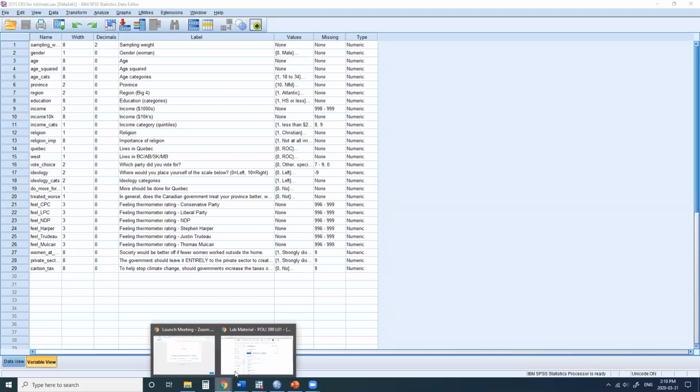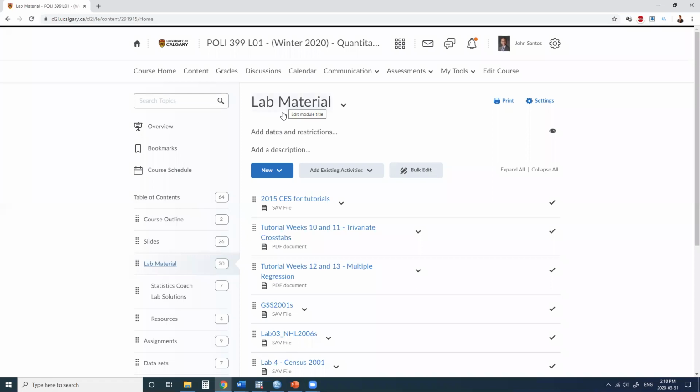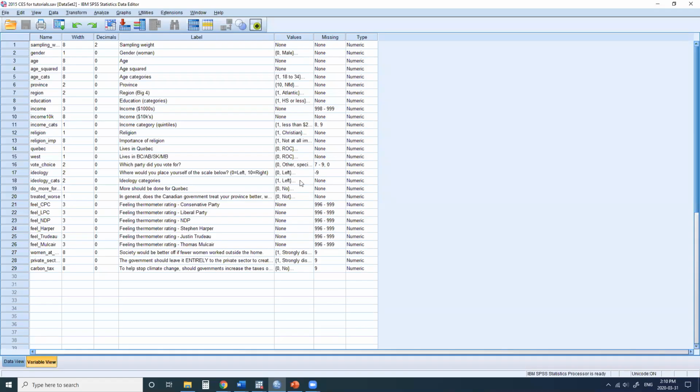If you haven't already, go to the lab material section of D2L and download the 2015 CES tutorial dataset, because that's what we will be using for our tutorial today. I've already downloaded it here.